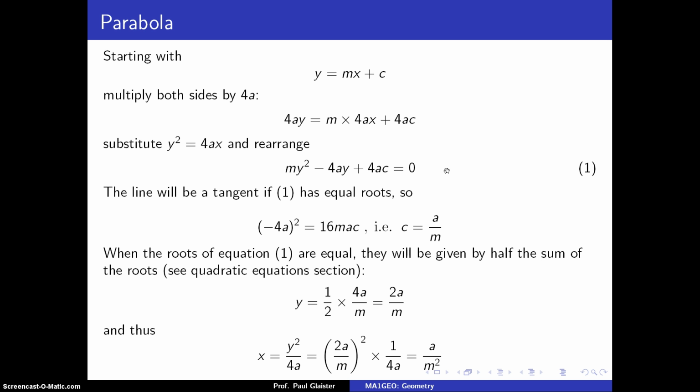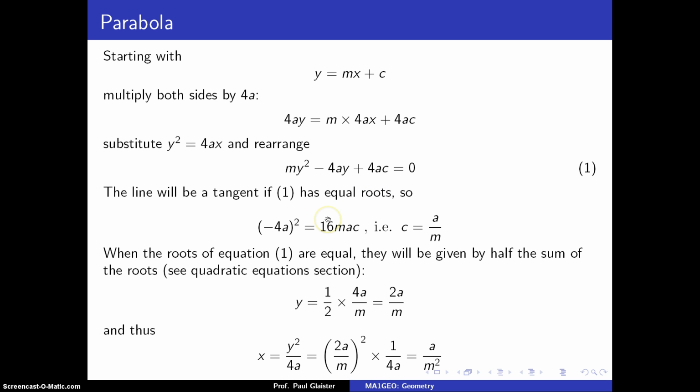This quadratic has roots which are represented by the y coordinates of the points of intersection. If we only want one point of intersection, so a tangency point, then we want equation 1 to have equal roots. For that to be the case, we need this coefficient squared to be equal to 4 times this times this. In other words, the discriminant equals 0.